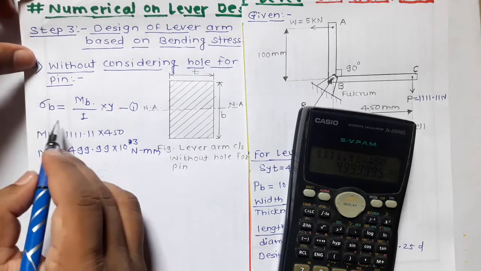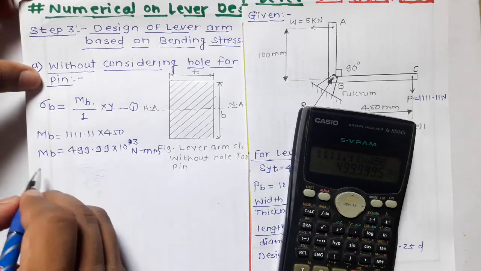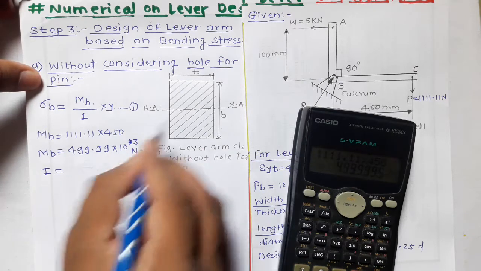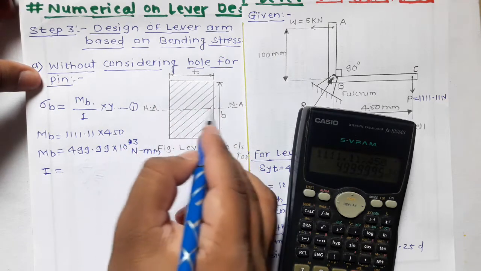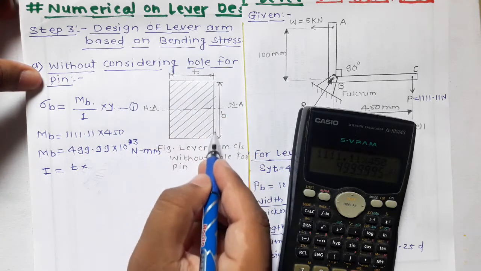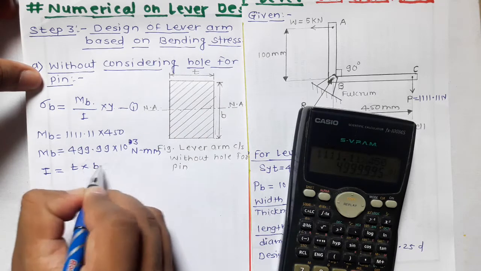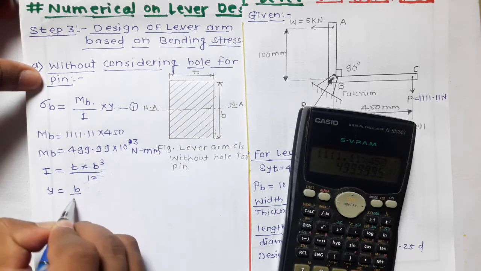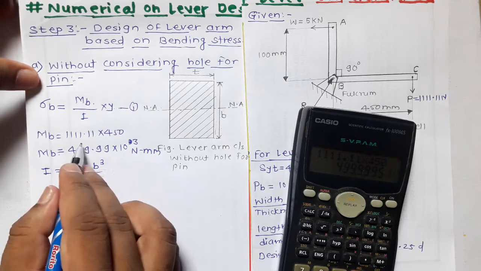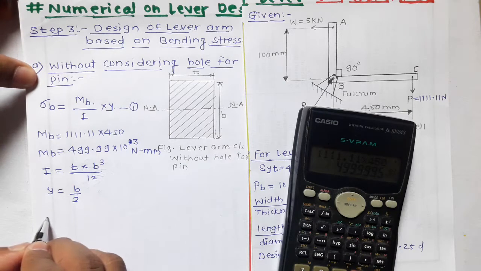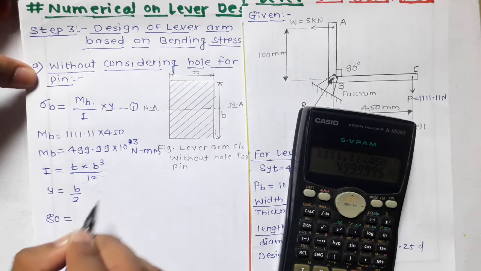Now we have to find out the B and T. This moment of inertia we can write as T, which is parallel to neutral axis, into the B which is perpendicular to neutral axis, its cube, so B cube upon 12, and y is equal to B by 2. Let us put this value in equation number 1 along with the permissible bending stress. Permissible bending stress is 80 Newton per mm square.